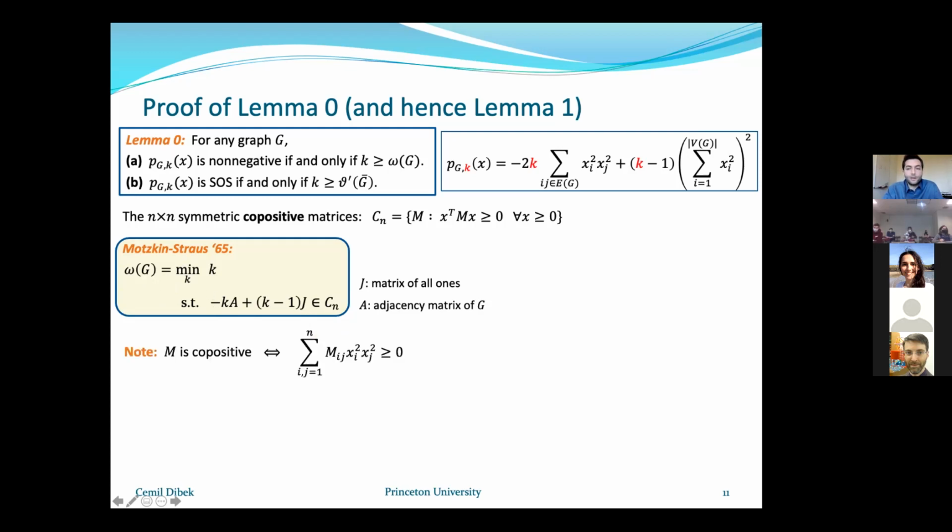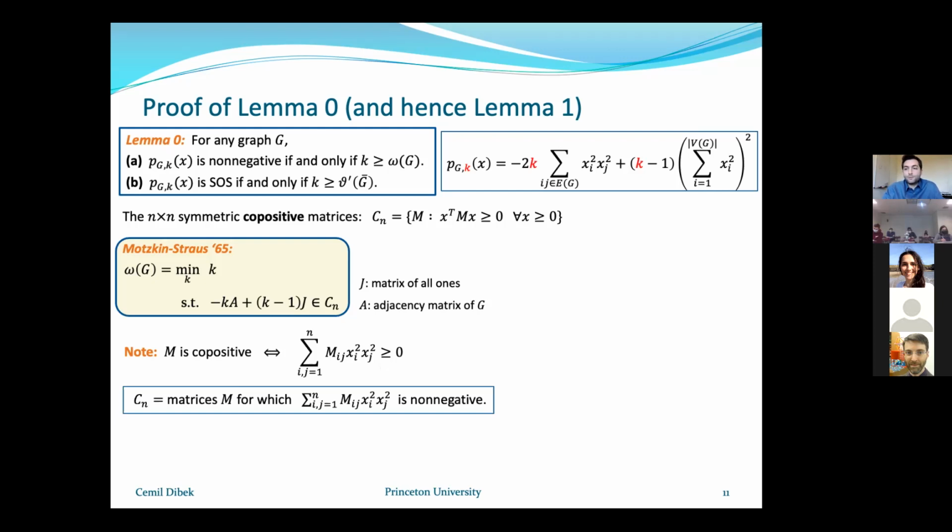Here's a quick remark. It's a very simple observation. A matrix being copositive can be turned into a polynomial being non-negative. A matrix M is copositive if and only if this polynomial, which was obtained from the entries of M, is non-negative. This is, again, a very simple observation that you can check. And so we can describe the set of copositive matrices as follows: matrices M for which this polynomial is non-negative.